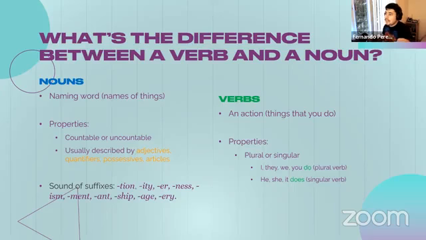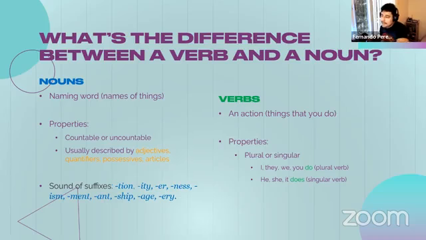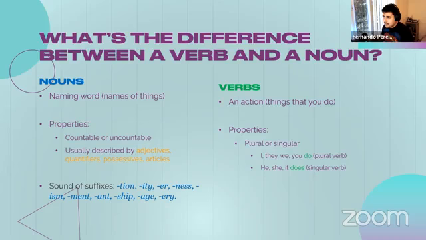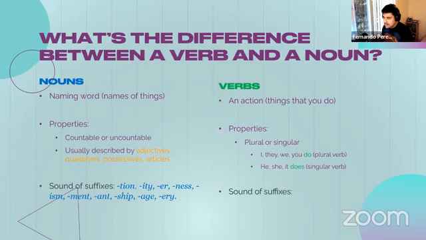Suffixes for nouns: -tion, -ity, -ness, -ism, -ment, -ship, -ich, which sound super different from verb suffixes: -ate, -ify, -ize.